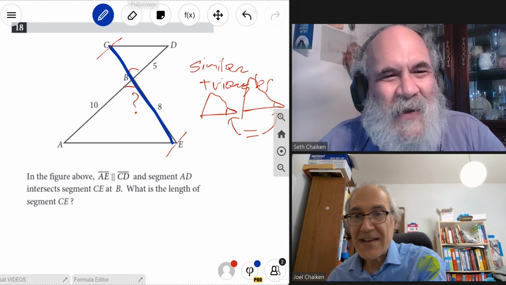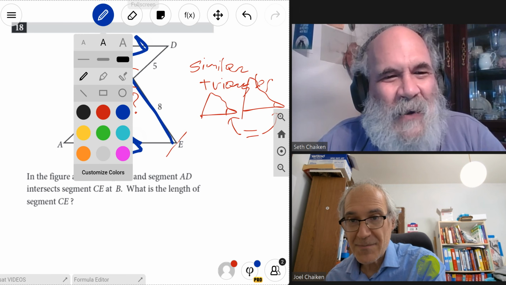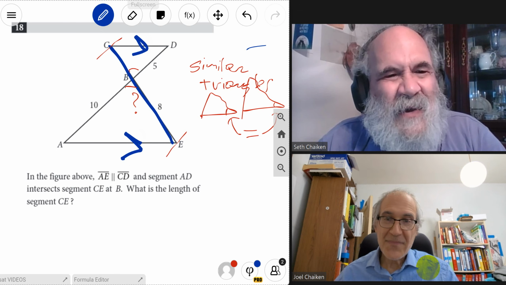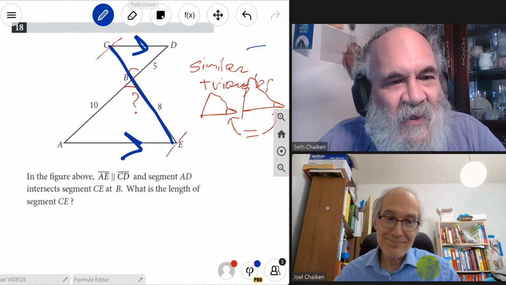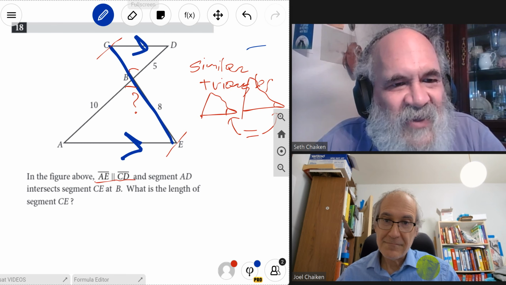Well, there you can use the clue that these two lines are parallel. Those lines are parallel, and that is one of the conditions given in the problem.